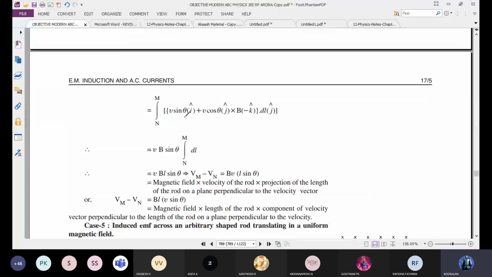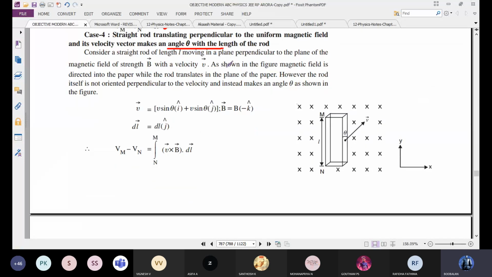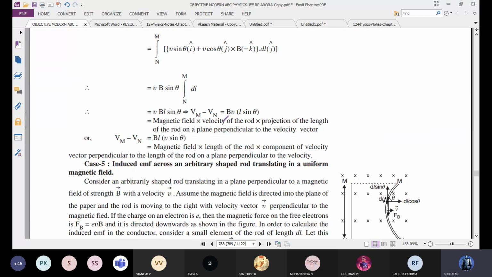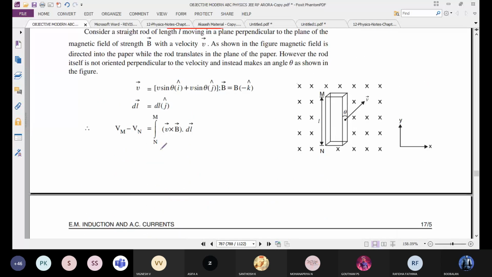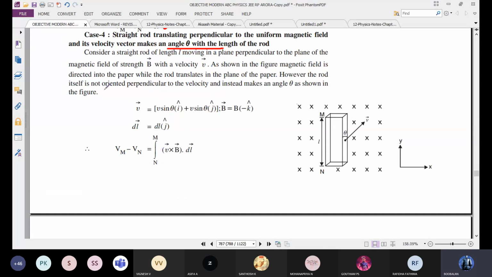And the last one, the velocity making an angle theta, so you will get BLV sin theta. Please note down the condition now.